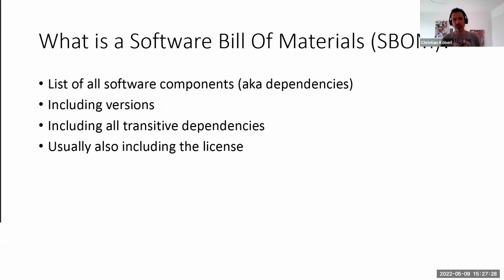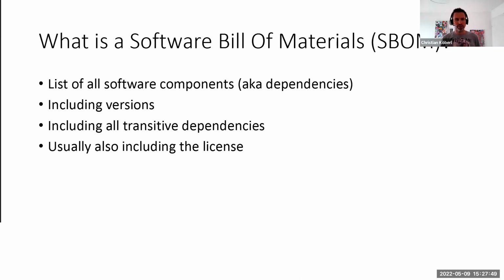And the same goes for software. So a software bill of materials is all the parts software is made of, including your Docker base image and everything, including versions, including all transitive dependencies, and also usually including license. So with that, you can easily see what a software is made of.